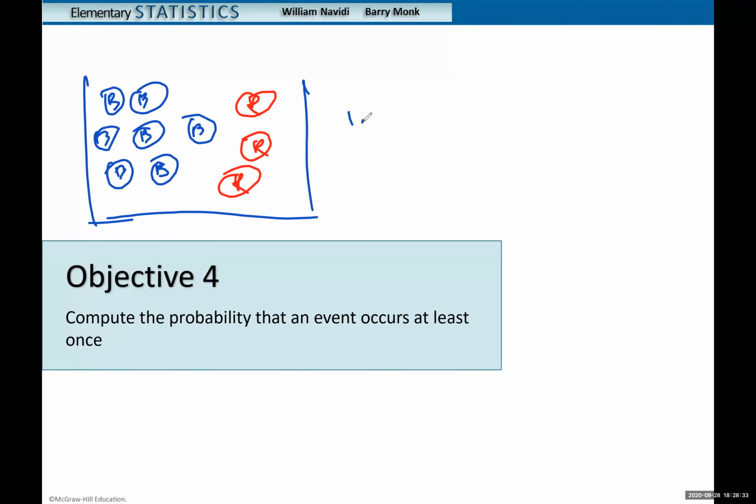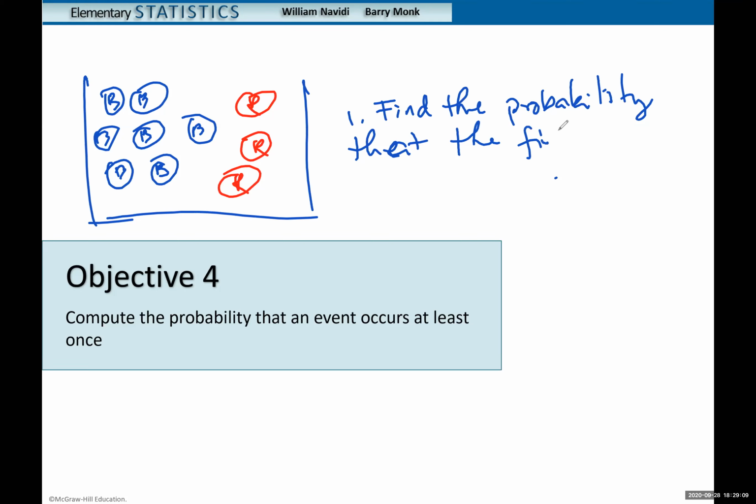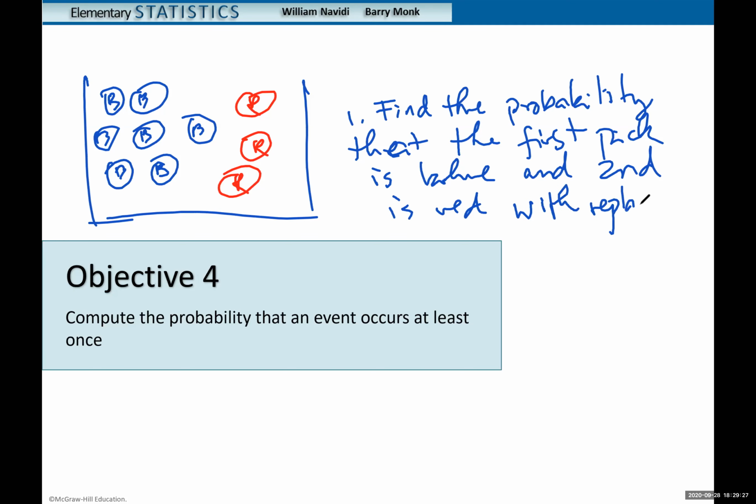So number 1, find the probability that the first pick is a blue marble and the second is a red with replacement.